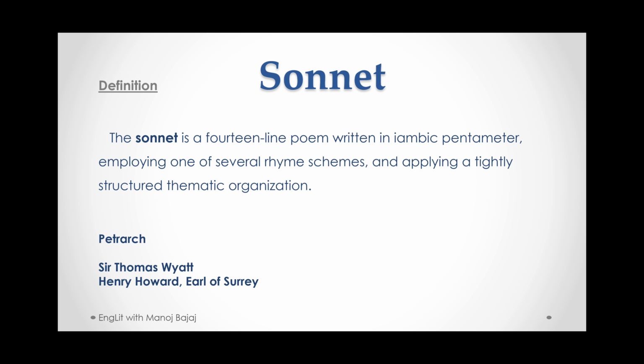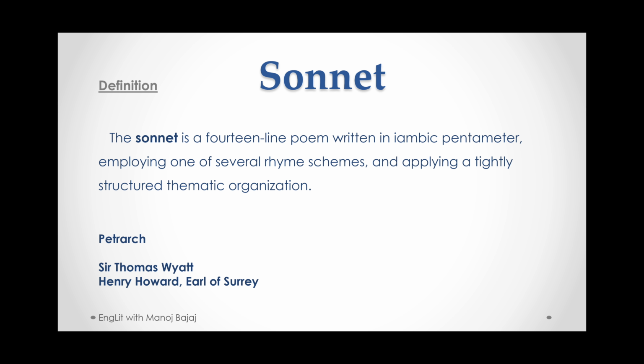His contemporary Henry Howard, the Earl of Surrey, modified the Petrarchan model a little bit, and in this way he established the structure that later on became popularly known as the Shakespearean sonnet.